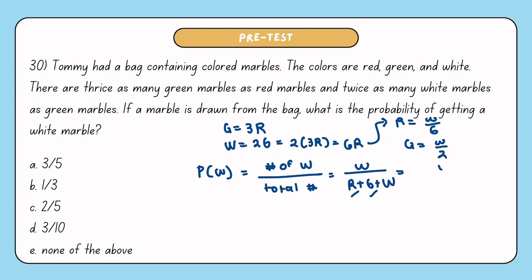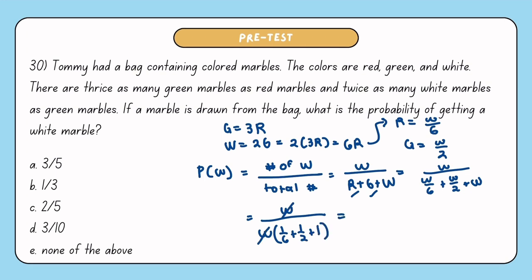So now we have W over 6 plus W over 2 plus W. Pwede natin ilabas yung W to get 1/6 plus 1/2 plus 1. Ika-cancel na natin W. So we are left with 1 over 1/6 plus 1/2 plus 1 equal to 6 over 1 plus 3 plus 6. Or 6 over 10, or simply 3/5. So the answer is letter A.